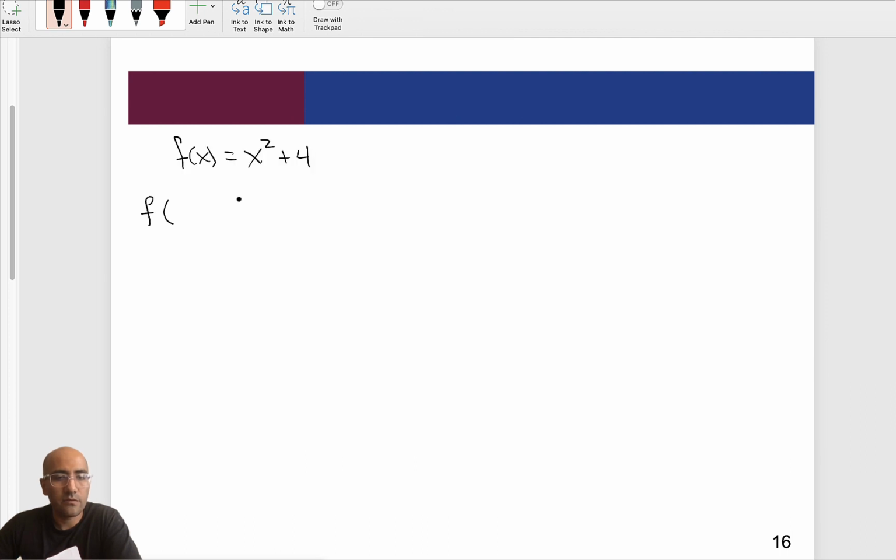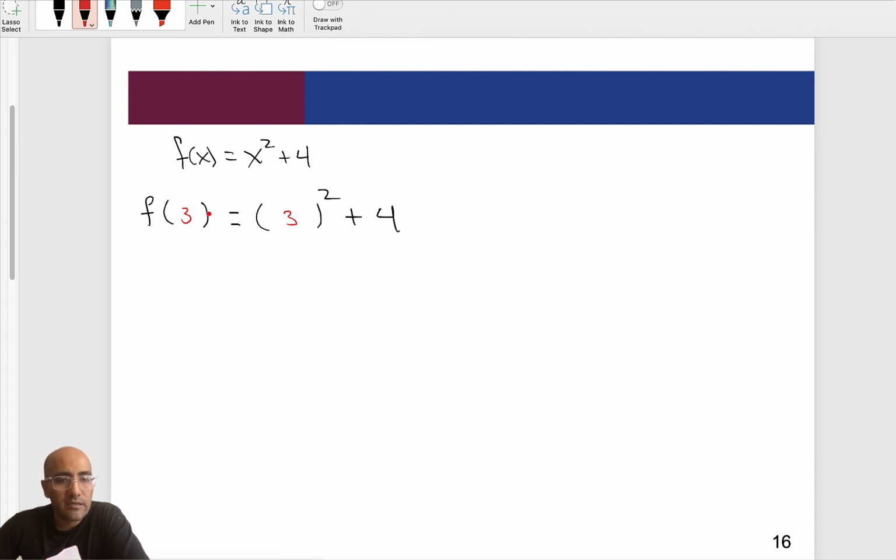If I want to evaluate this when x is equal to 3, this notation means that x equals 3. And so I replace x with the 3 over there.